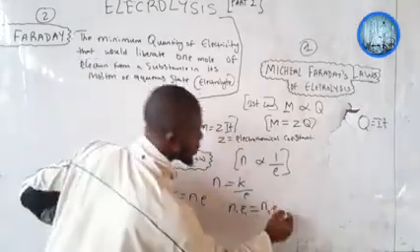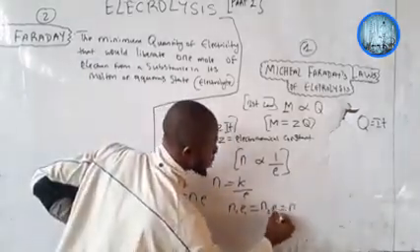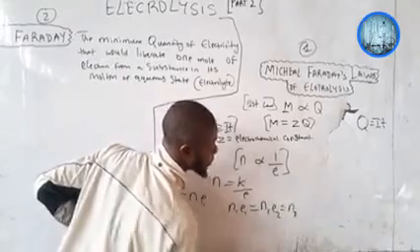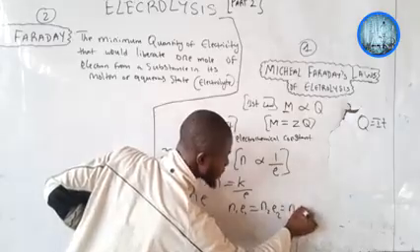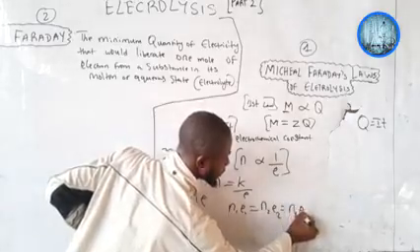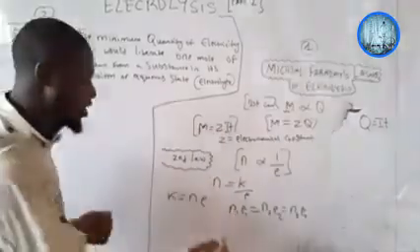If it's three, you can also say equal to the number of moles of the third electrolyte times its charge, and so on. So this is what the law is basically all about.